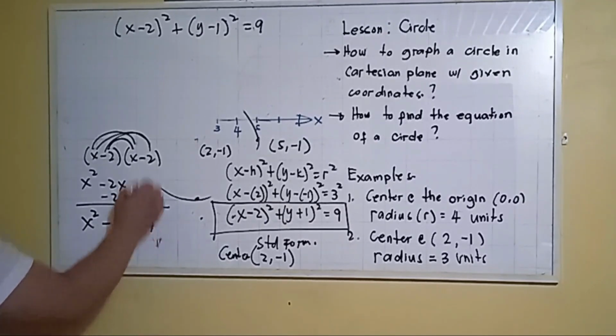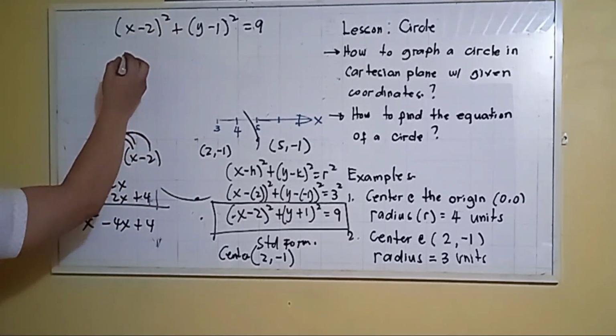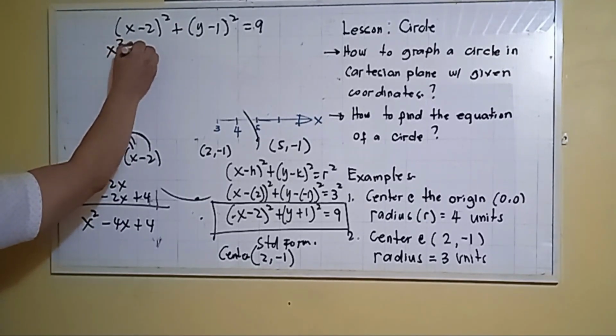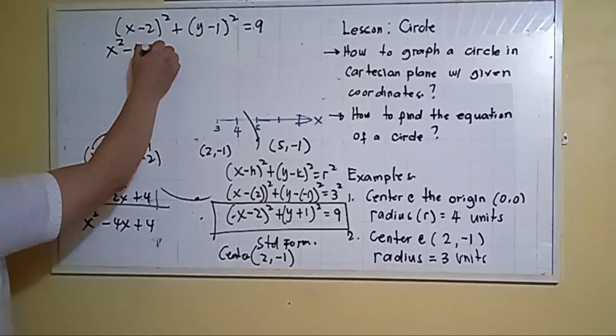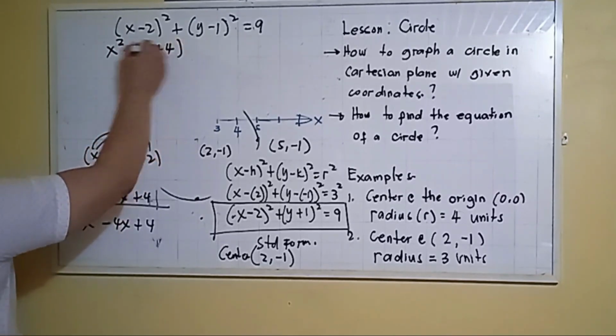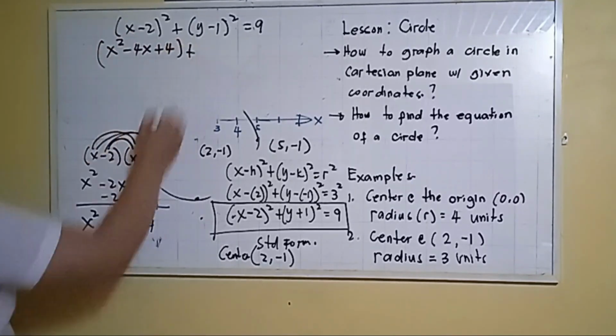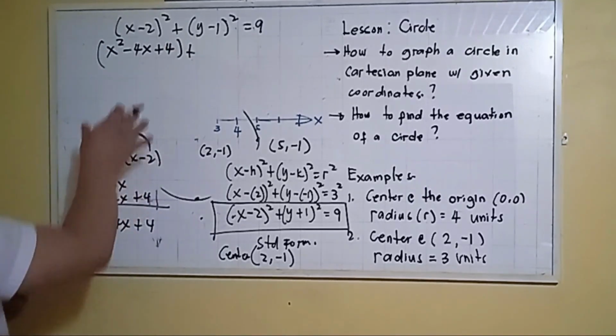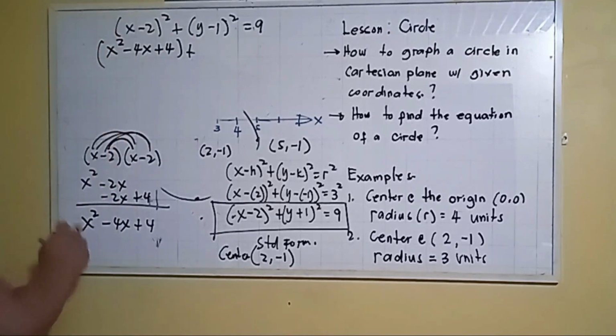Bring down 4. So, itong (x − 2)² is x² − 4x + 4. So, tapos na tayo sa (x − 2)². Nilagyan ko muna ng parenthesis para ma-identify nyo na this is (x − 2)².